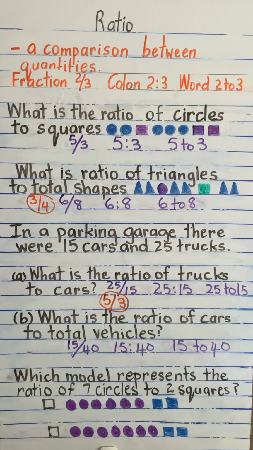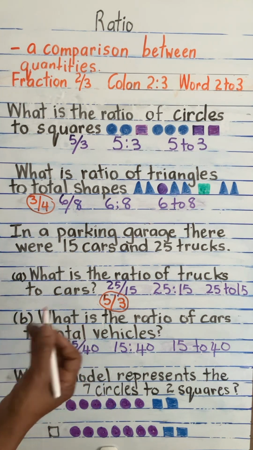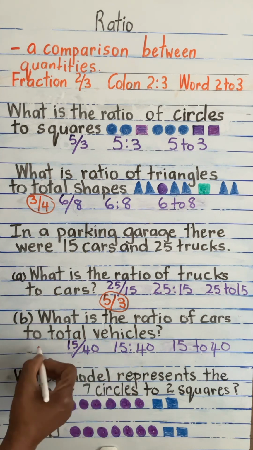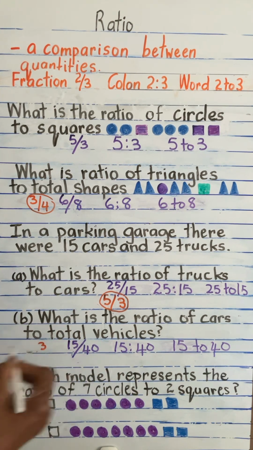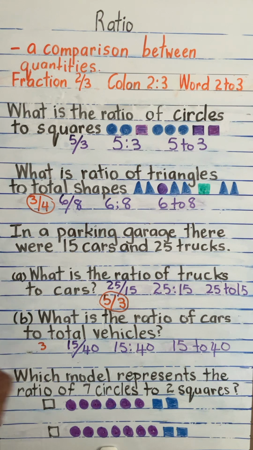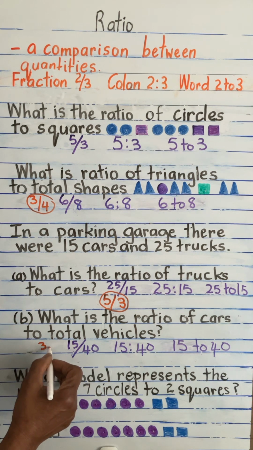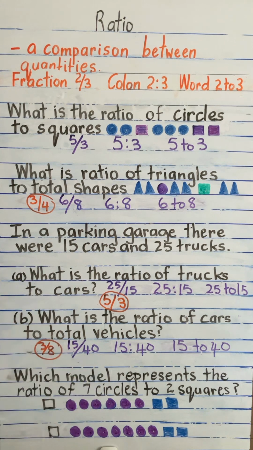Here again, we can reduce it to its lowest terms if we are asked to. We divide by 5. 15 divided by 5 is 3, and 40 divided by 5 is 8. So the lowest term would be 3 over 8.